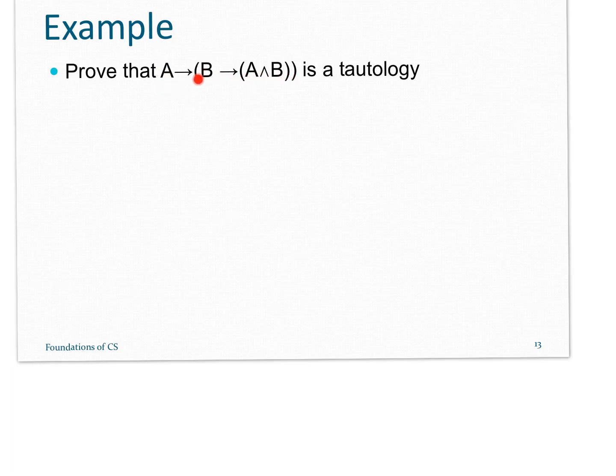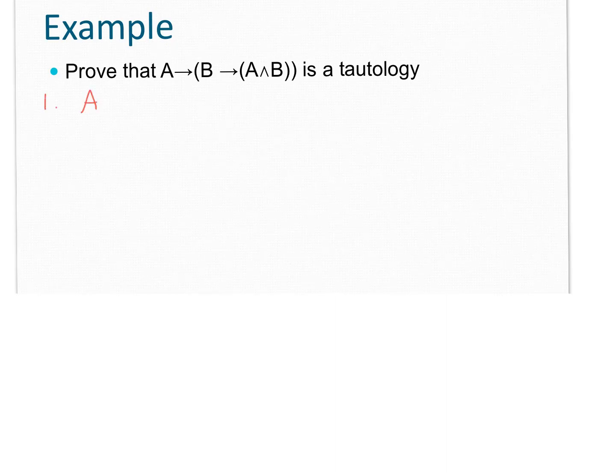I'm going to conclude all this stuff, hopefully, and use CP to get me there. So let's get started. I know for sure that my premise is going to be A. And I'm not going to write it down, but somewhere way down towards the bottom of my proof, I'm going to have concluded this thing, and then I'll be able to use CP, right?